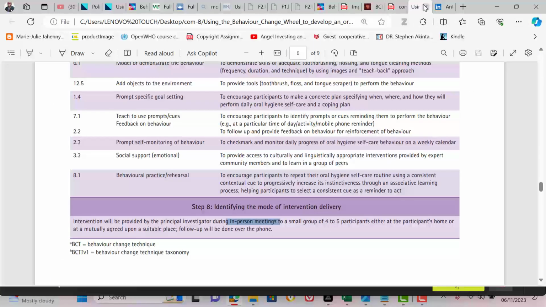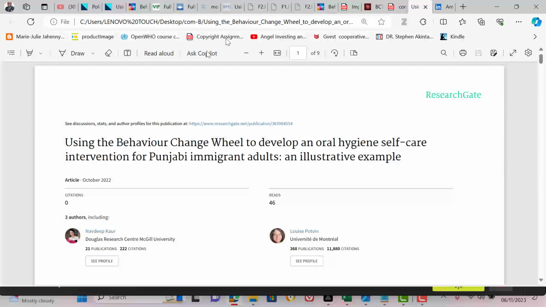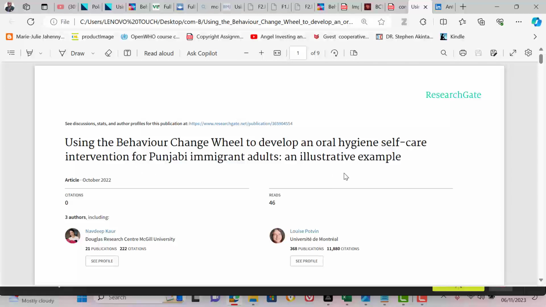And then I think there's one more article that you need. Yeah, so three articles in total: Using the behavior change wheel to develop an oral hygiene self-care intervention. Okay, so these are the articles that I'm going to use, and then I'm going to compress this whole mystical COMBI model and make it in a way that you'll be able to understand it in a few minutes.